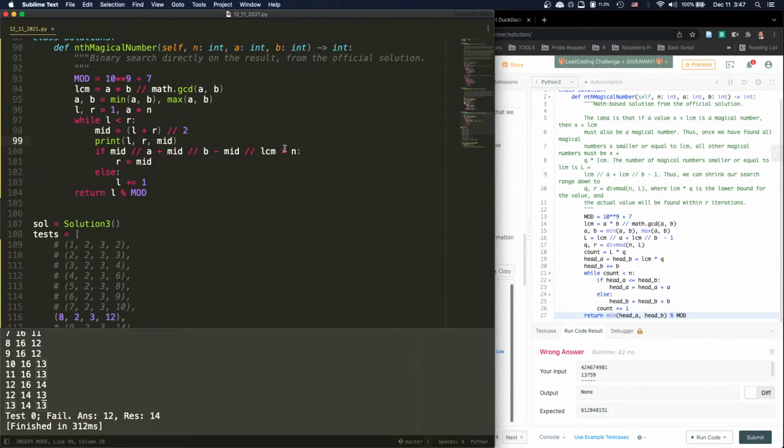So what if we change to this? If it's equal to n, then it will remain the same. But in this case, if it's larger or equal to, we always reduce on r.